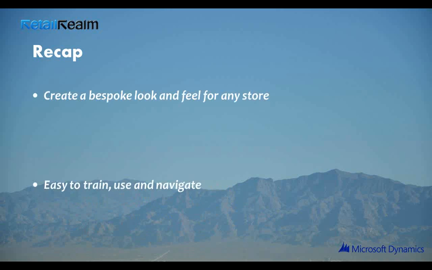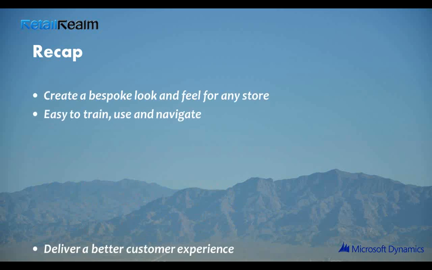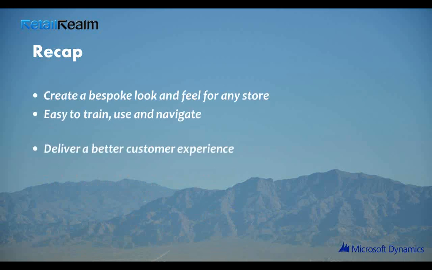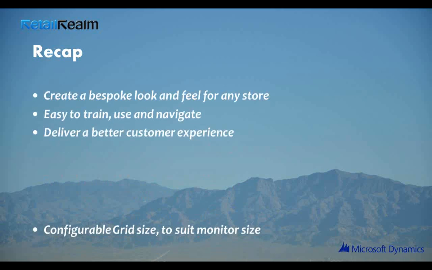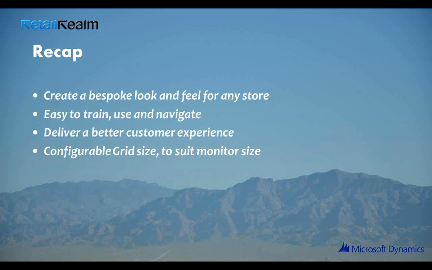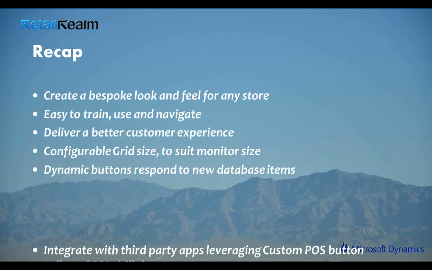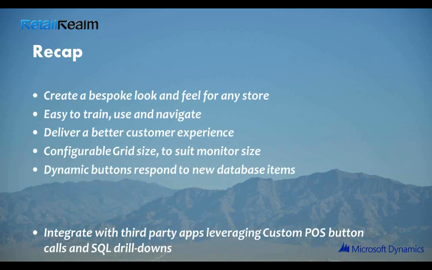It's very easy to train, use and navigate. You can deliver excellent customer service, and it's configurable in terms of grid size, so if you've got different monitor sizes, you can accommodate those accordingly. You could have 4 buttons on the screen, or you could have 16 or multiples. The dynamic buttons respond to new items, as I mentioned, and you can integrate to third-party apps.